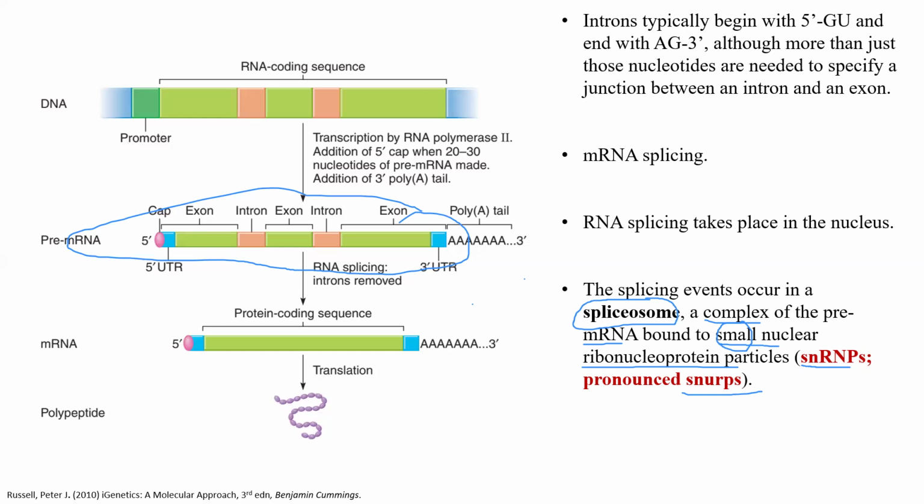So if these SNRPs are a combination of RNA and proteins, which RNA? In one of the earlier lectures, we saw how the three RNA polymerases in eukaryotes carry out the transcription of genes coding for these four types of RNAs. One was messenger RNA, which codes for protein.